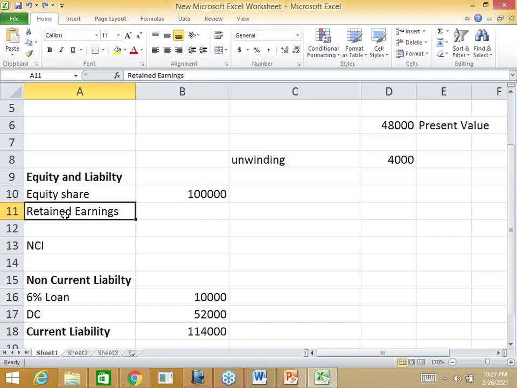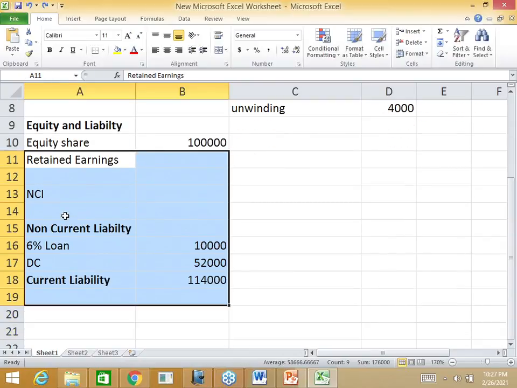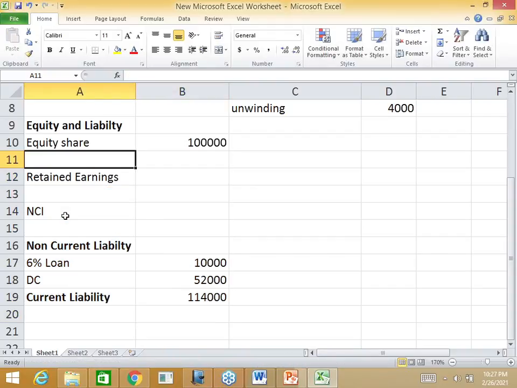If you have made a mistake like I have, select all these figures, press Control X, and paste the data in the next row, so it will be transferred to the next row. Share premium will be reported as 20,000.